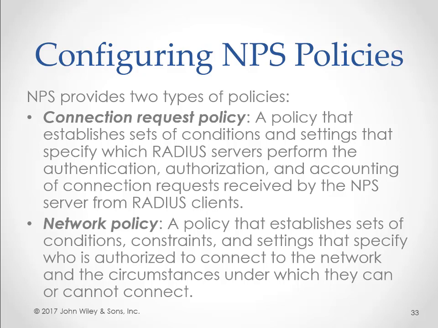Remember, your RADIUS clients are the devices that your access clients are connecting to. The RADIUS clients are in between the device that's actually trying to make the connection and your NPS server. A network policy establishes the conditions, the constraints, and the settings that specify who's authorized to connect to the network and the circumstances under which they can or cannot connect.